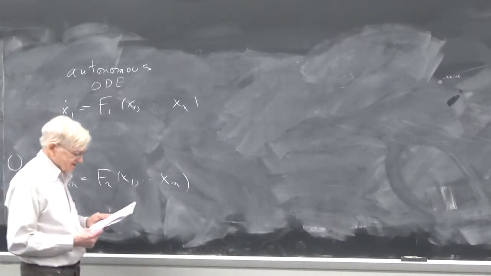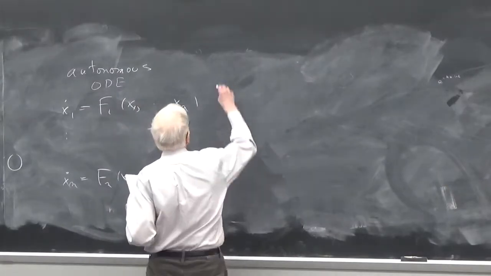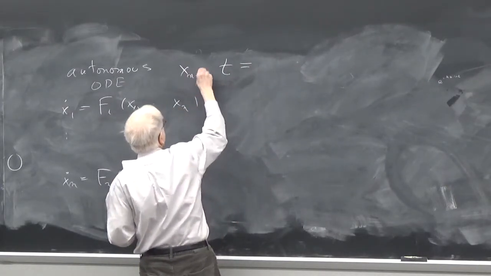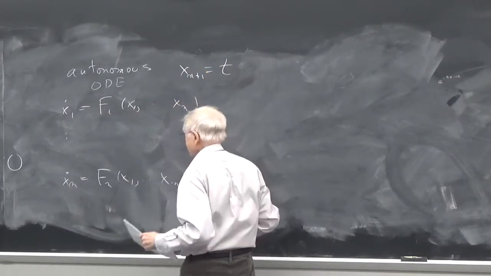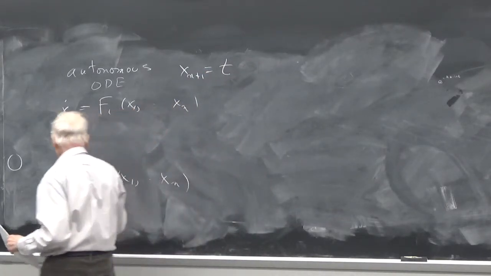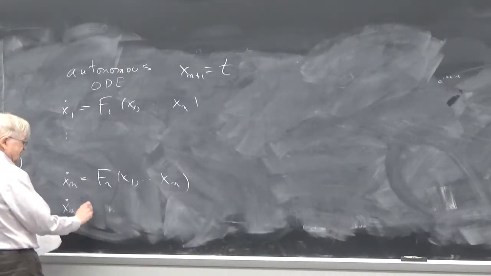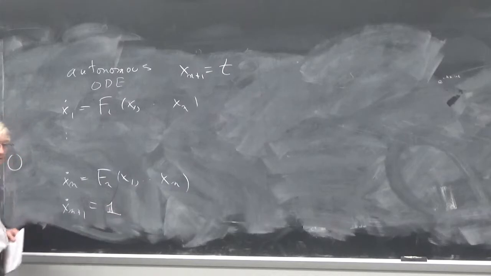And the way one does that is, for example, you set x_{n+1} equal to t. And so then x_{n+1} dot, well, that's t dot, so that's just equal to 1.